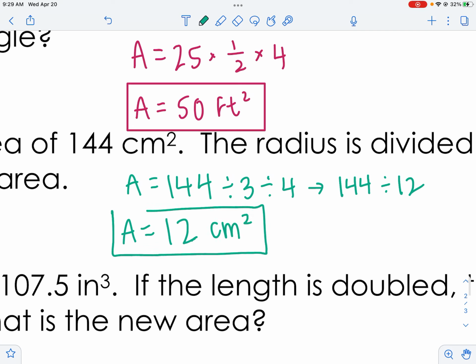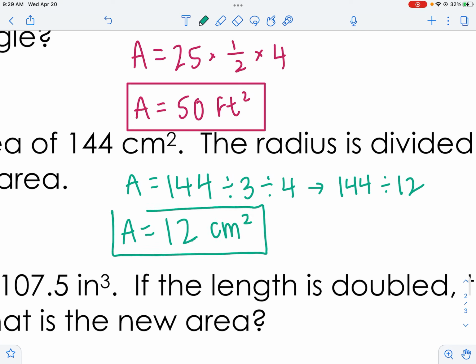And taking a look at the volume one, a pyramid has a volume of 107.5 inches cubed. Okay, we're doubling the length, we're tripling the height, but the width is remaining the same. So if I go back to this volume one up here, volumes have 3 units, which means 3 changes. So my original volume is 107.5. Okay, I'm doubling the length, so I'm going to multiply it by 2 for that.